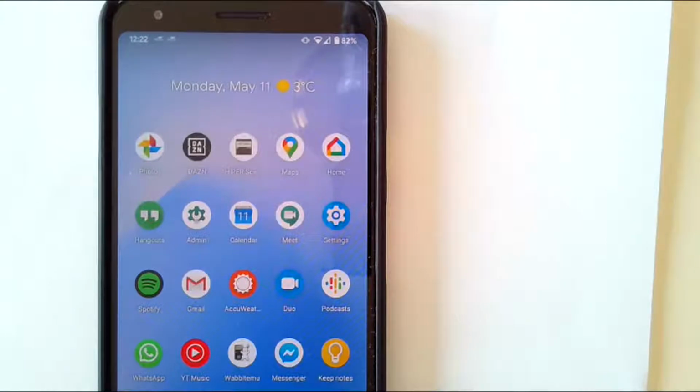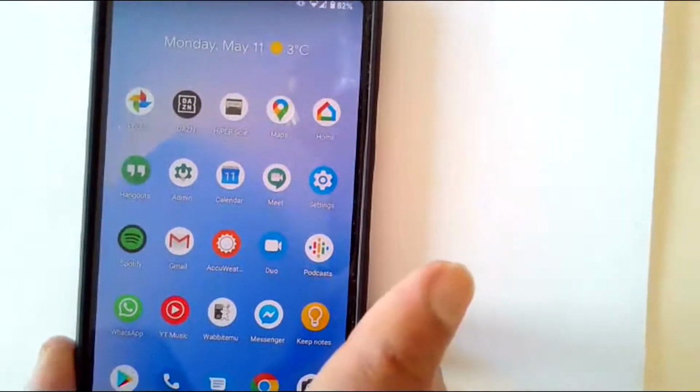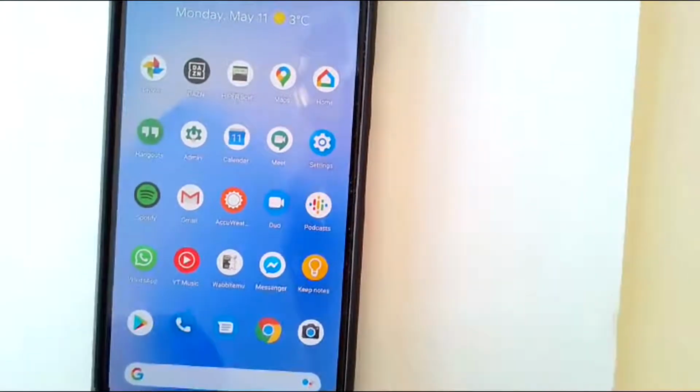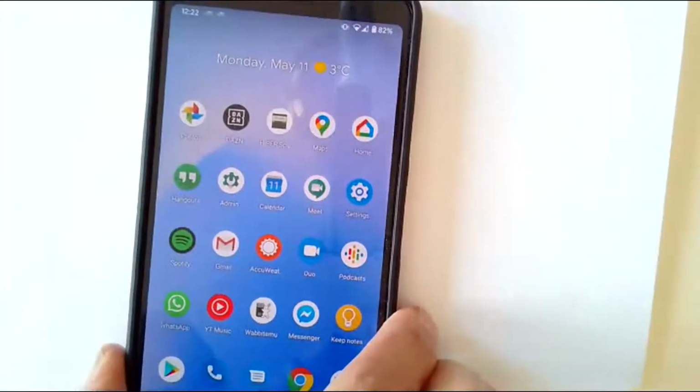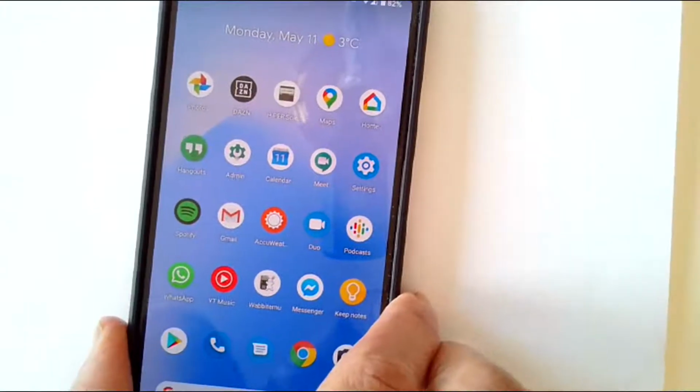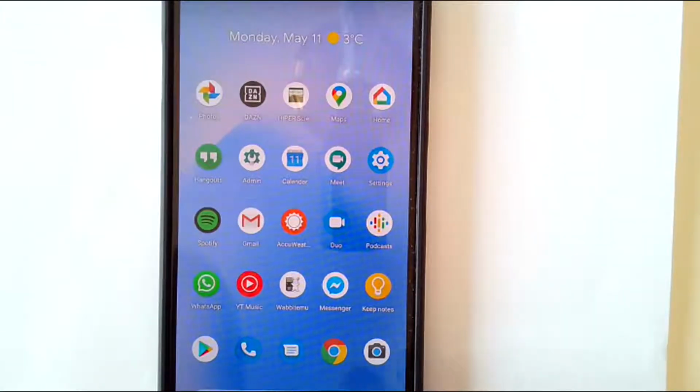Now, let me say, how do I get the graphing calculator on my phone? I'm going to walk you through here. If you have an Android phone, you just go to your Play Store and you will search for Wabbitemu. W-A-B-B-I-T-E-M-U.